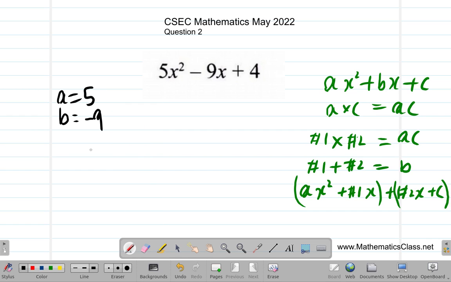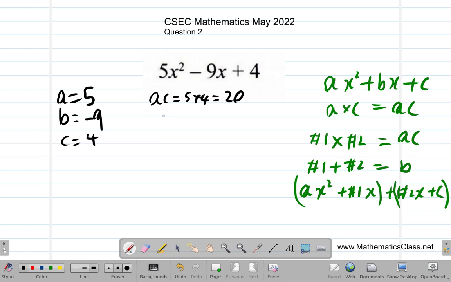And then c, you can see that it is plus 4. So what is AC? AC is 5 by 4, which is 20. See that? And then, of course, b is negative 9. Think of two numbers.